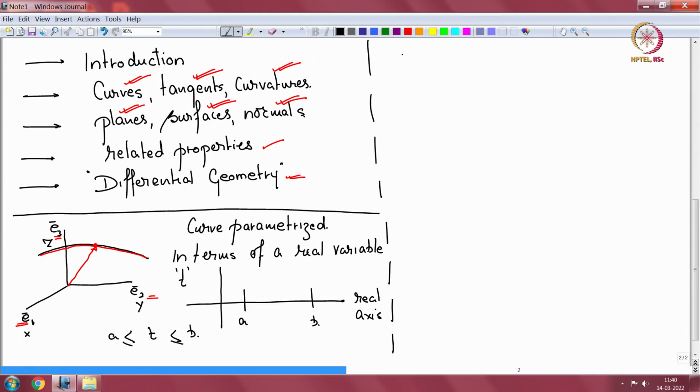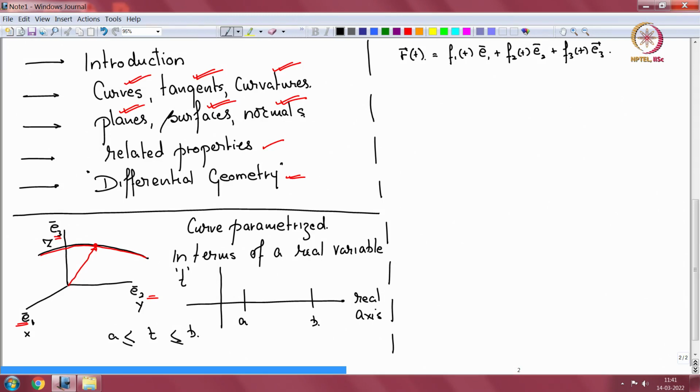So, that means my r of t is given by some function of t, let us say f1 of t plus f2 of t plus f3 of t. The vector r is given like this.